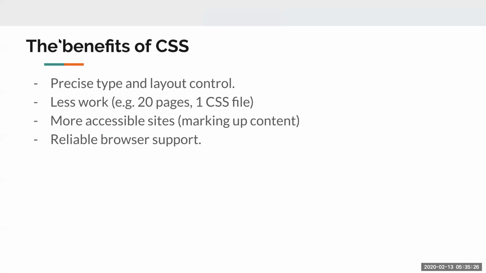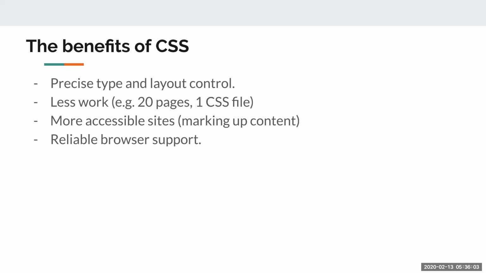So what is the benefit of CSS? CSS has very precise typography, and you can control layout very precisely. It also requires less work. Imagine that you had to specify style per HTML tag. There would be a lot of work, and maintaining the code would be very cumbersome, because once you change the style, you have to change lots of different code.